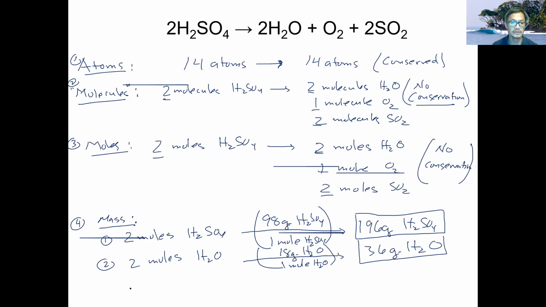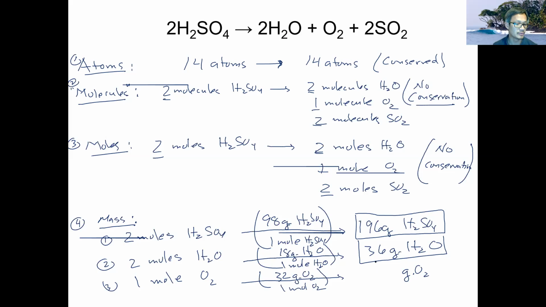Okay. We'll do the same thing for oxygen. We end up with 1 mole of oxygen. We can then calculate the mass of oxygen that we should end up with. And again, multiply by the molar mass, which is going to be 32 grams per mole of oxygen.